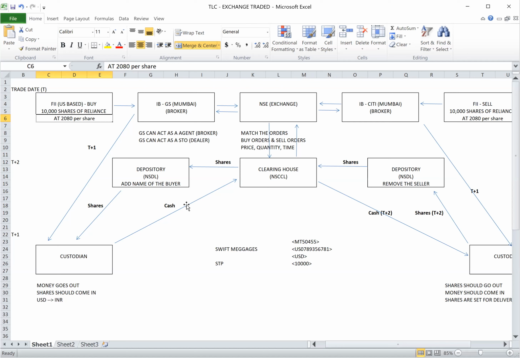So guys, Vanguard will have the account with the custodian. Let's say BNP Paribas Mumbai is acting as a custodian for them. So what will they have?